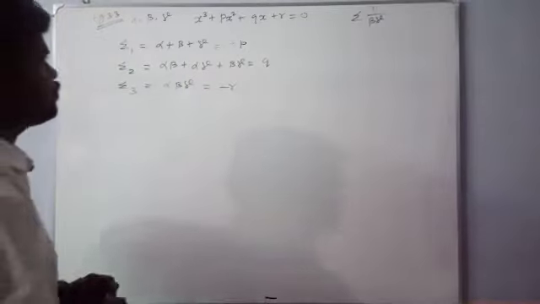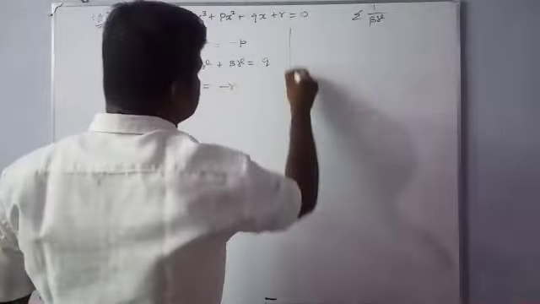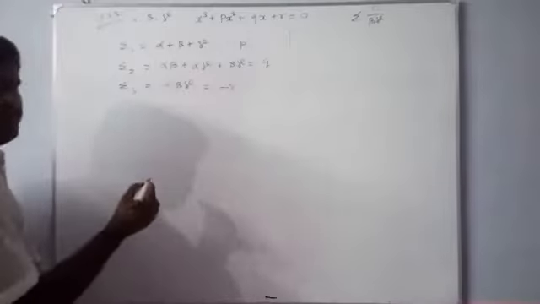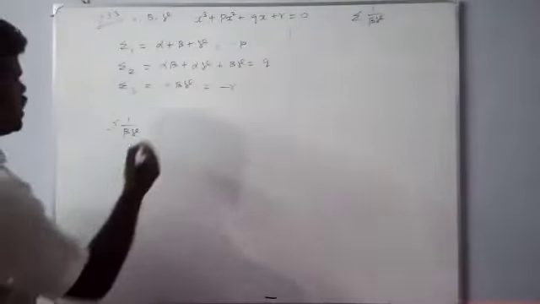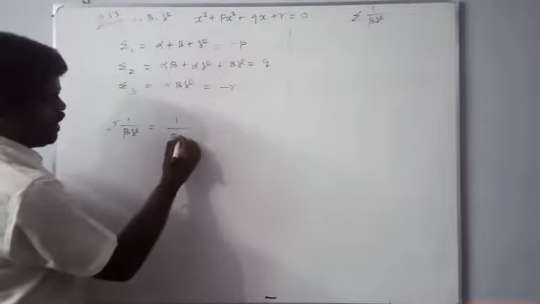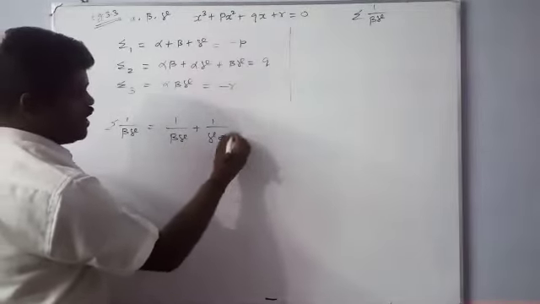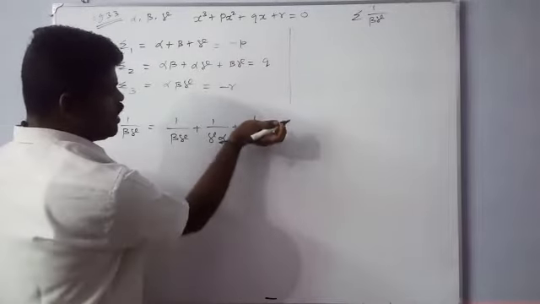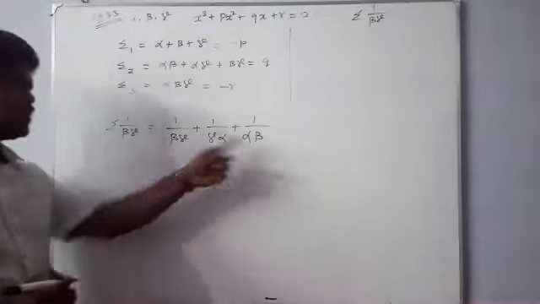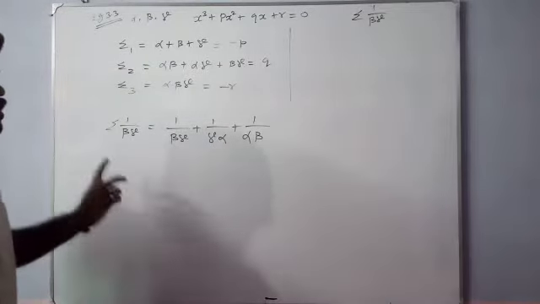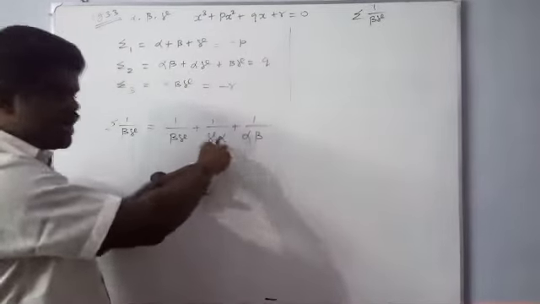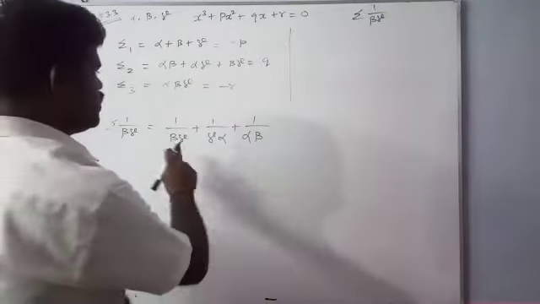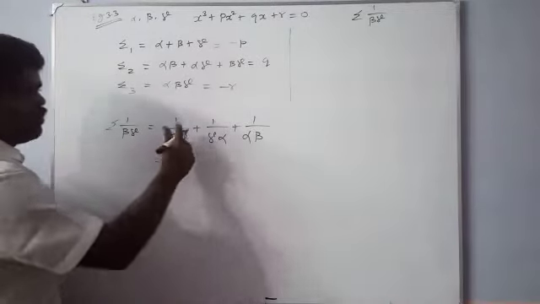Okay, right. Now we want to find summation of 1 by beta gamma. That means 1 by beta gamma plus 1 by gamma alpha plus 1 by alpha beta. These are the three terms.